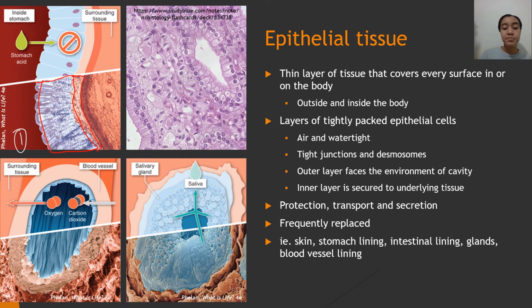I included this picture as well because it's a good example of showing you how form follows function here. The epithelial tissues are all the tissues within this circle. You can see how they all are epithelial tissues and they all have a similar structure, and their structure is different from the cells that reside within the center of this tissue.